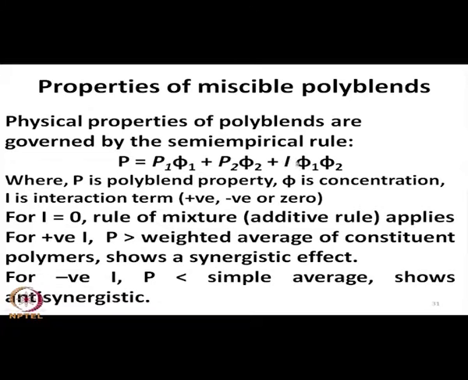So, in case of positive value of I, one can get the synergistic effect on the properties of the polyblend. If the value of I is negative, that means less than the simple average value of the properties of the two components, it shows anti-synergistic behavior.